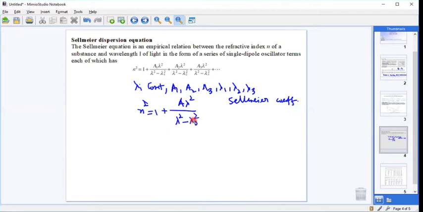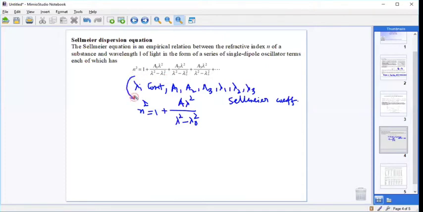In further detail, the Sellmeier equation is an empirical relation between the refractive index n of the substance and the wavelength lambda of light, in the form of a series of single dipole oscillator terms, each of which has the usual lambda squared over lambda squared minus lambda i squared dependence, as discussed in this equation: n squared equals 1 plus A1 lambda squared divided by lambda squared minus lambda 1 squared plus.